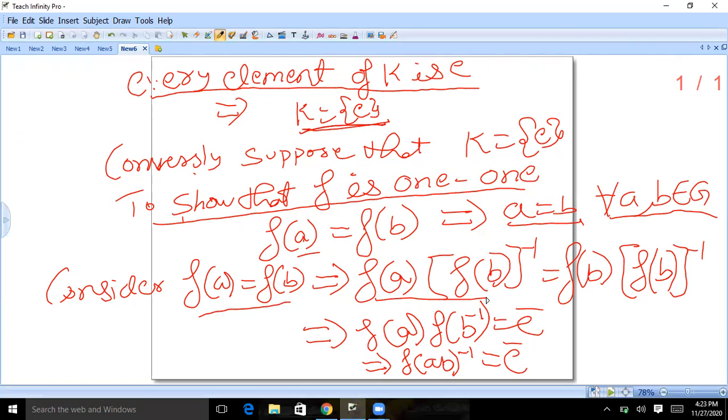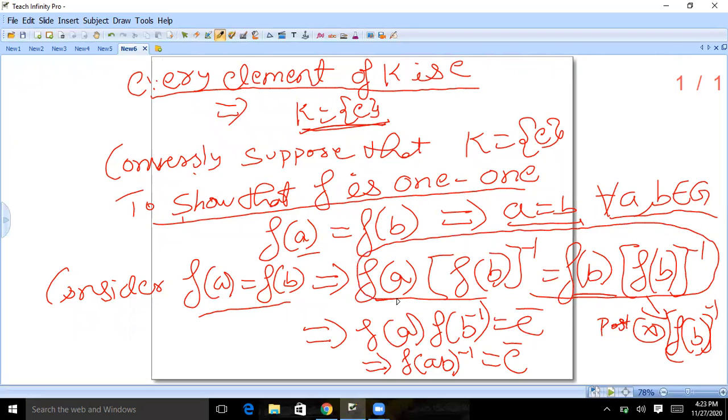So by kernel of homomorphism, we post multiply by f of b whole inverse. f of a into f of b inverse is equal to f of b into f of b inverse, whose value is e bar.